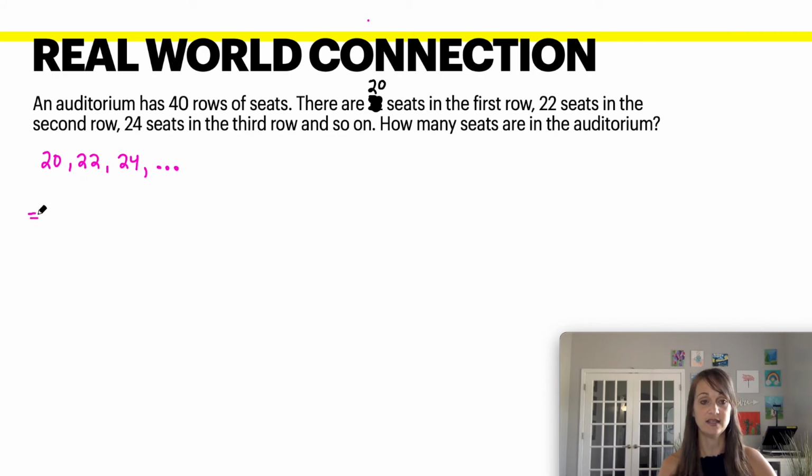We can find the formula for it. The formula is the first term plus the difference, which we found is 2, because it goes up by 2, times n minus 1. But we're wanting to know how many total seats there are. That is the summation one, which is n divided by 2 times the first term plus the last term.